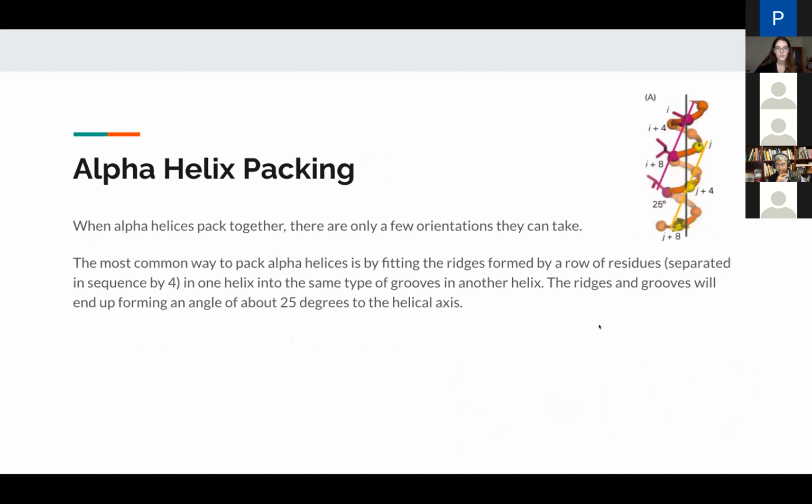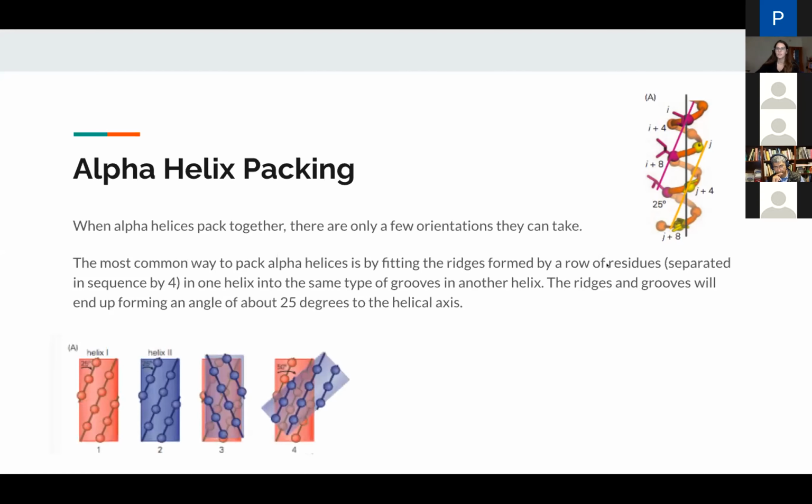When forming these motifs and when alpha helices pack together, they can only assume a few orientations because of their geometry. The most common way that alpha helices will be packed is by fitting the ridges formed by a row of residues separated in sequence by 4 in one helix into the same type of grooves in another helix.